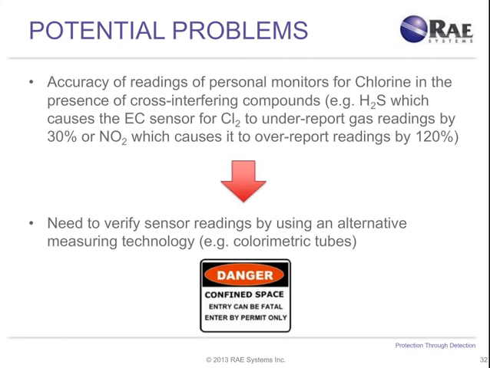It has a positive cross-sensitivity to nitrogen dioxide, which would cause the chlorine sensor to produce a much higher reading than in reality. But this is not as big a concern as the cross-sensitivity to hydrogen sulfide, which can cause the chlorine sensor to underreport its reading by as much as 30%. And remember, it is really important that chlorine be accurately measured at concentrations from 0 to 10 parts per million.